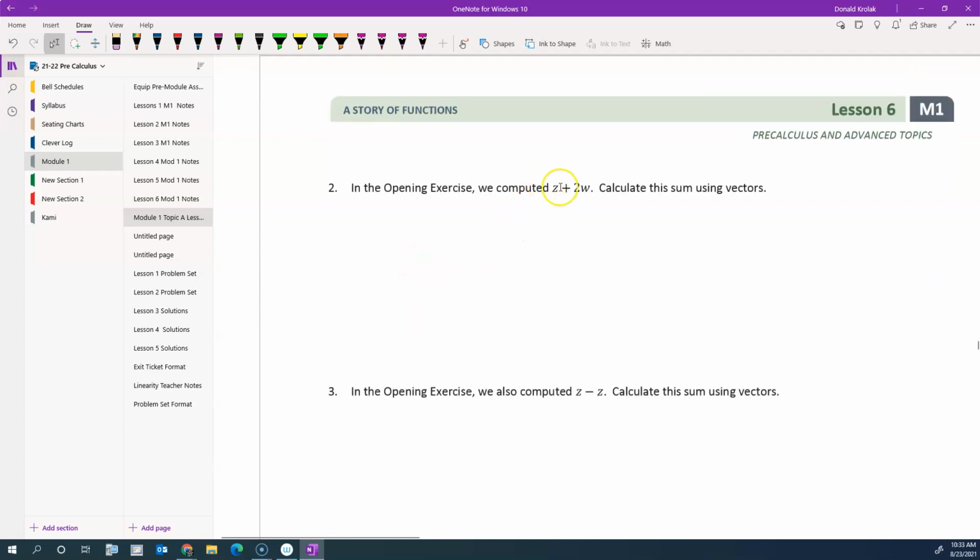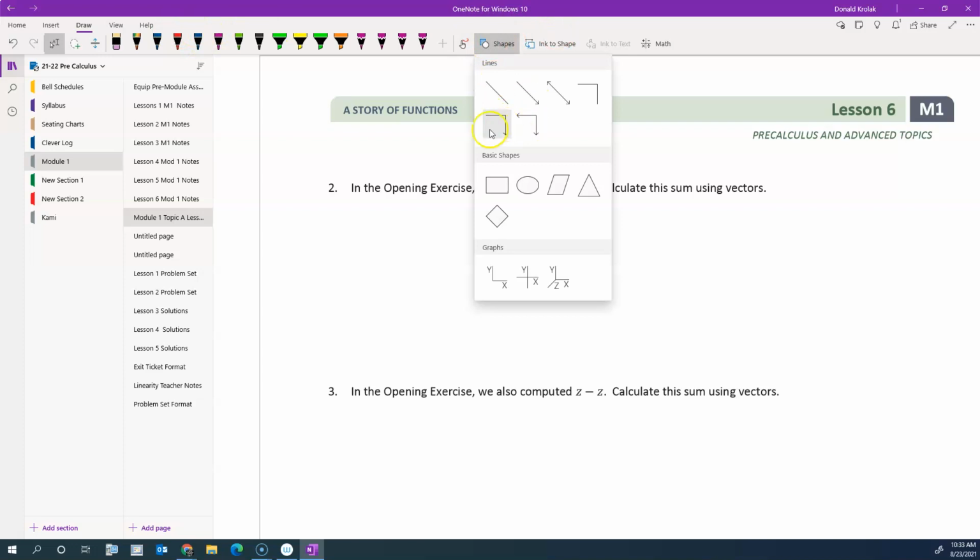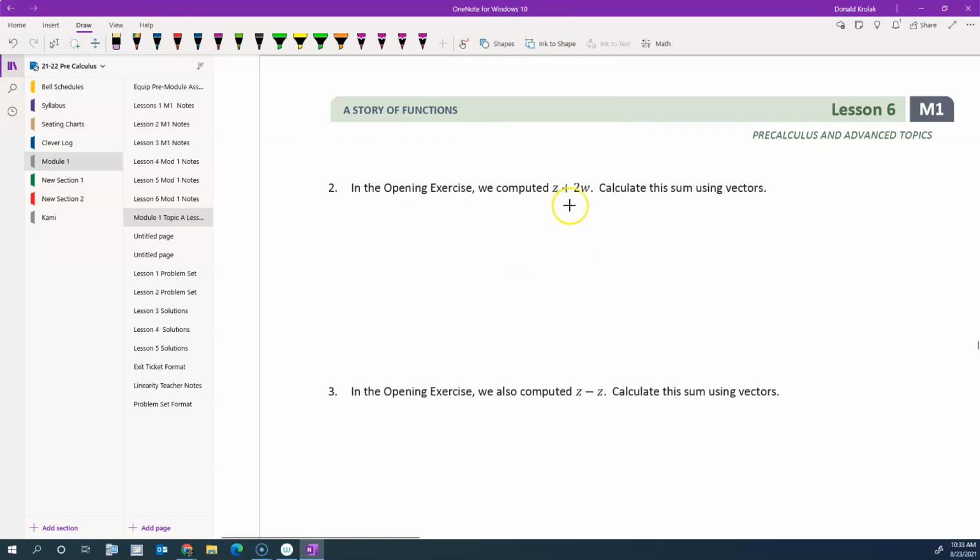Okay, so now let's do z plus 2w. Sketch yourself an imaginary plane.